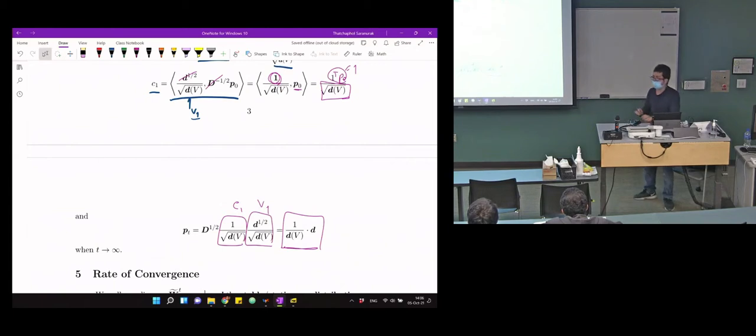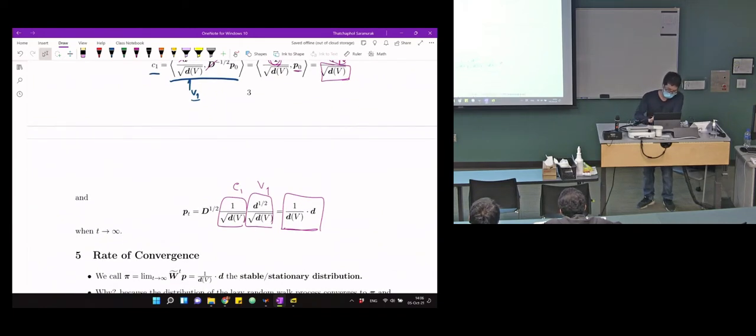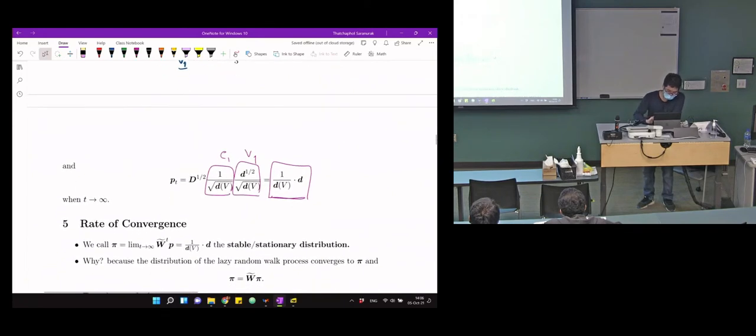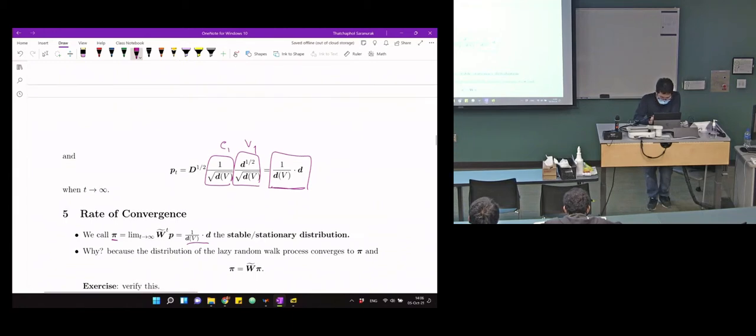So if you do a lazy random walk, there is a unique limit for a connected graph. We will call this limit pi.